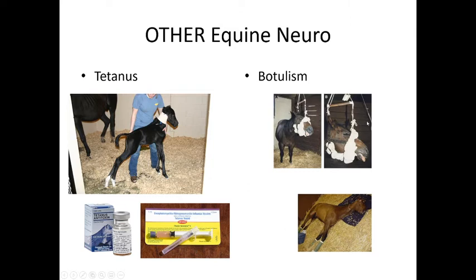Botulism is another clostridial bacteria that causes paralysis, and it generally starts with a paralysis of the head and neck and the tongue, so they stop eating and it will lead to paralysis throughout the body. So they become neurologic and progressively so, and over time will either need to be highly supported or they will die.